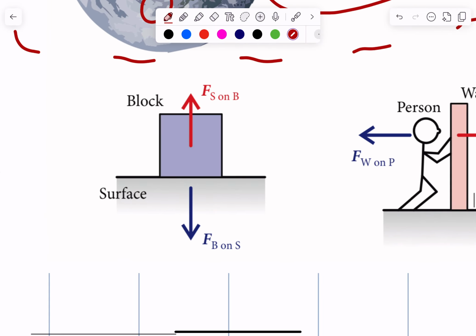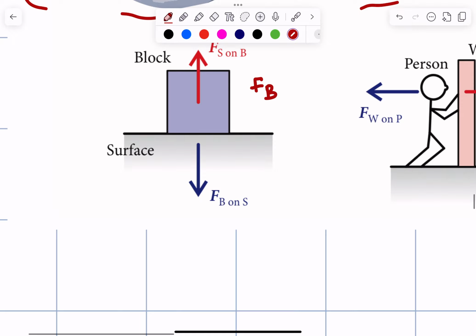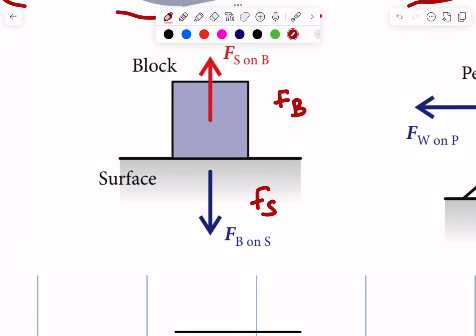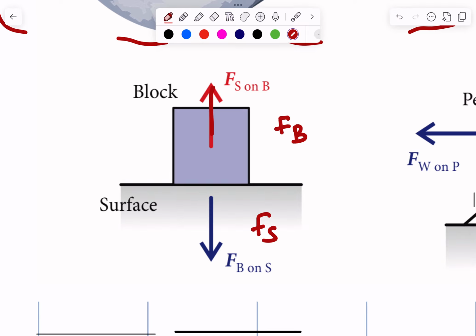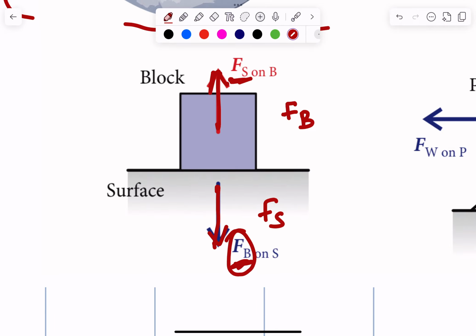Here is the second example. If a block is on a surface, you see the block force Fb and the surface force Fs. The block receives a force Fs from the surface and the surface receives a force Fb on S from the block. So they both exchange forces.